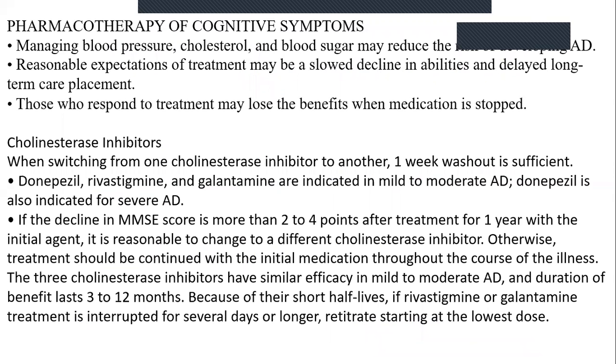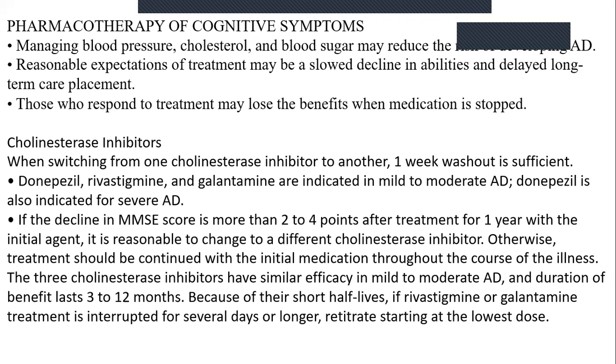And now pharmacotherapy of cognitive symptoms. We already saw that the first thing is cognitive symptoms, the other is neuropsychiatric symptoms. So in order to manage these cognitive symptoms, what should we do? Like what are the medications that can be given? So managing blood pressure, cholesterol, blood sugar may reduce the risk of developing Alzheimer's disease.